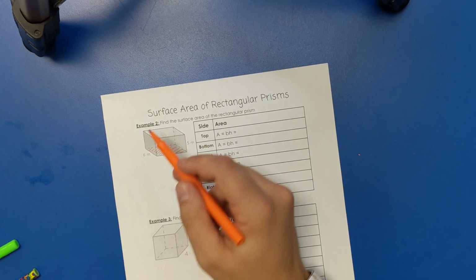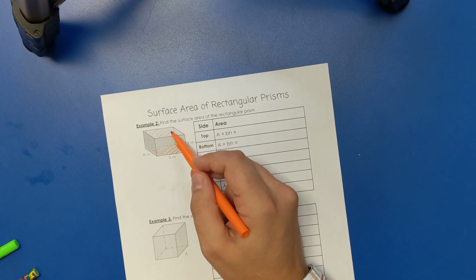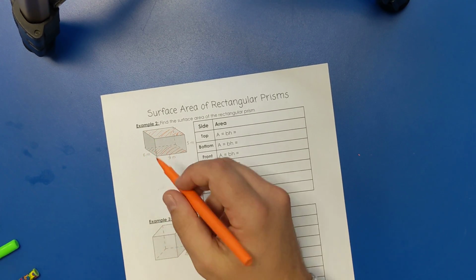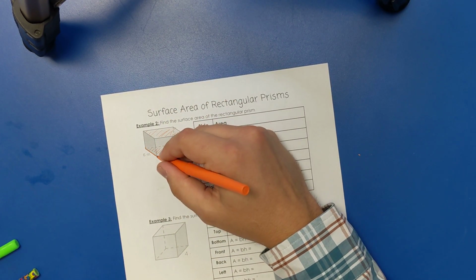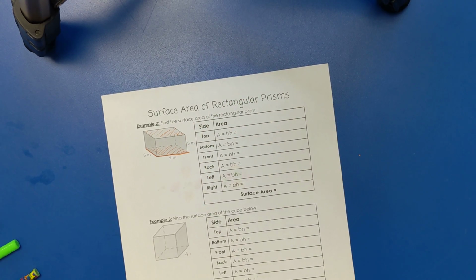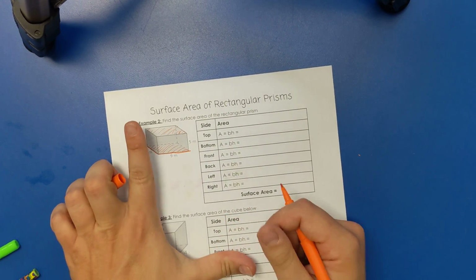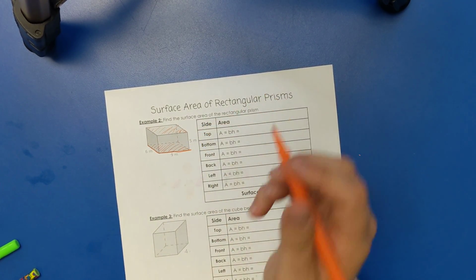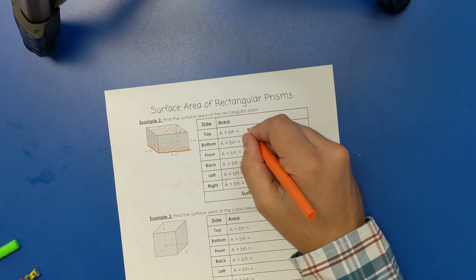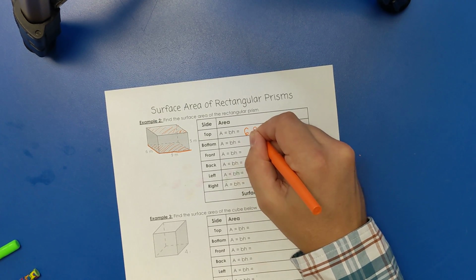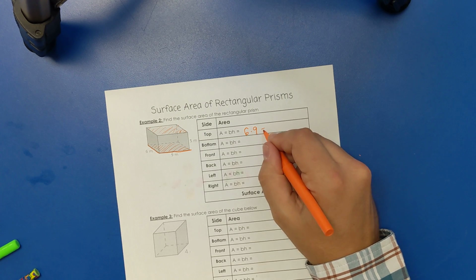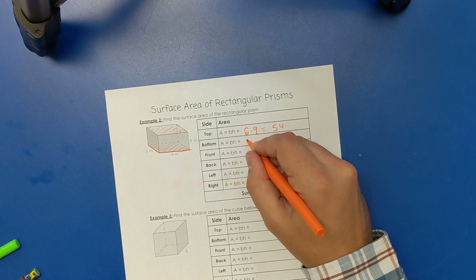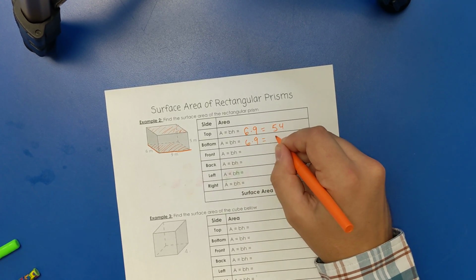So here's our bottom, our top is the same, and it is 6 by 9. Okay, remember we have our perpendicular base and height right here. So this is 6 times 9. 6 times 9 is 54. And the bottom is going to be the same because they're equal.